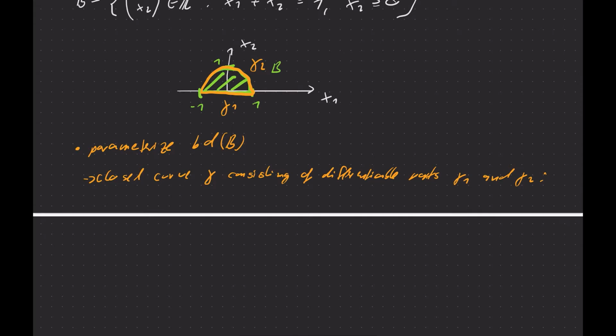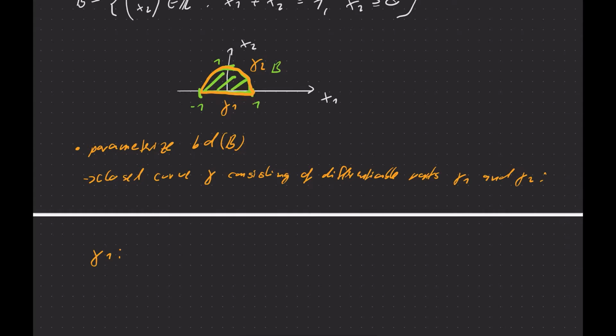And now we need to find suitable parameterizations. For gamma 1, that's easy. We just need to set the second coordinate, the x2 coordinate, to 0, and we need to vary the x1 coordinate between minus 1 and 1.